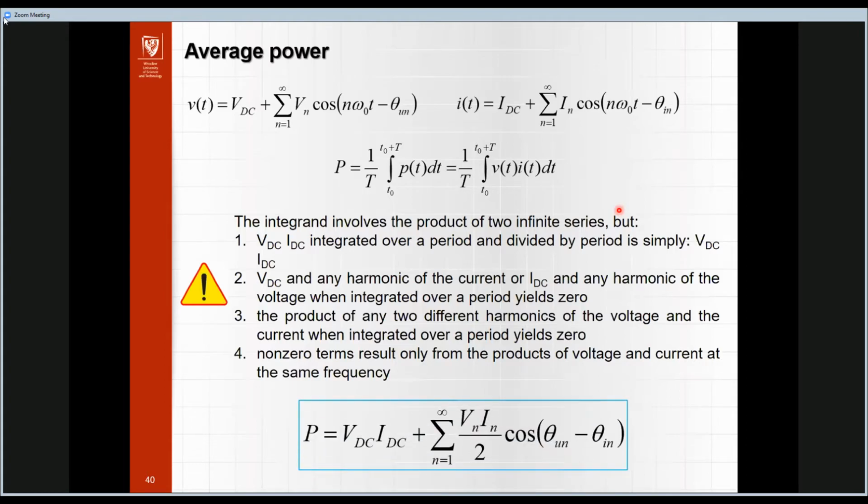So when we take these four properties into account, we obtain the equation for power. In this equation we see also the infinite limit, and we have the differences in phase in the cosine here.